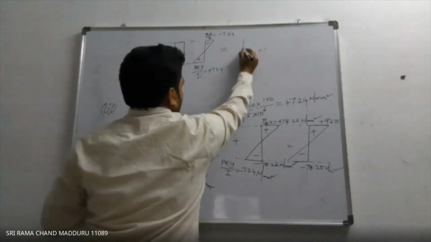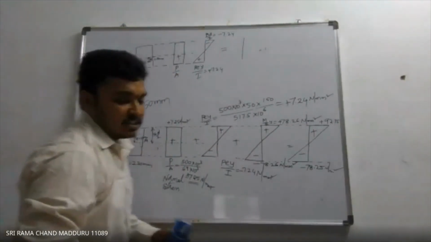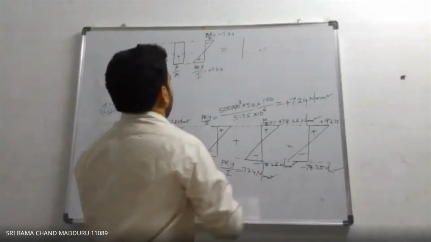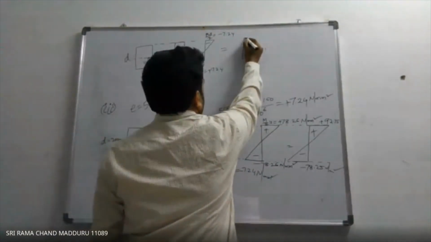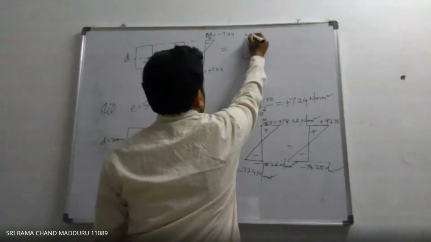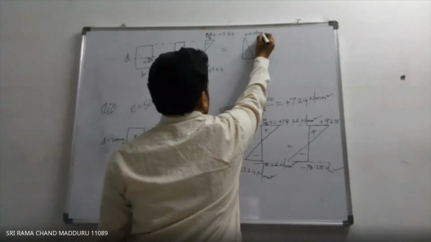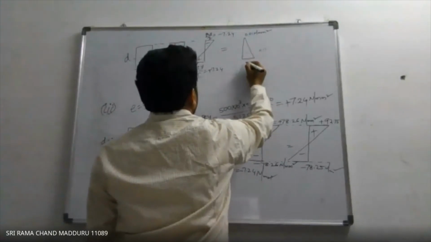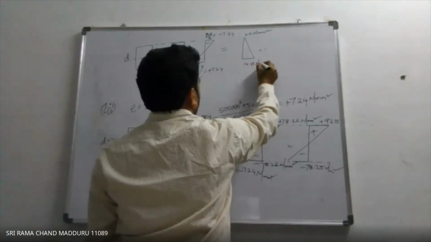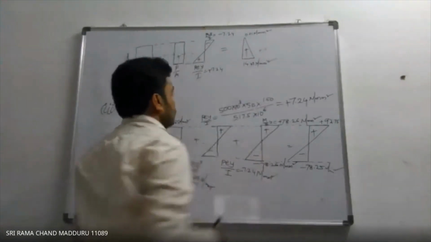You will not get any bending stress due to loading. Why? Because the stresses are 0. So you will get this: 0.01 Newton per mm square, and 14.49 Newton per mm square, which is positive.